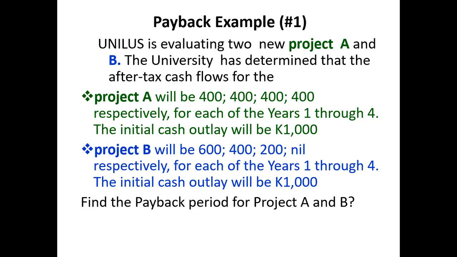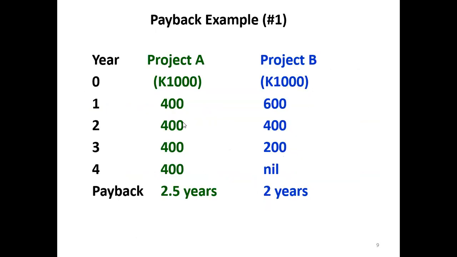Then we have project B, which is giving us 600, 400, 200. Also, the initial cash outflow is 1,000. Which of the two would we consider? When we're considering payback period, we have a formula that we're going to use.